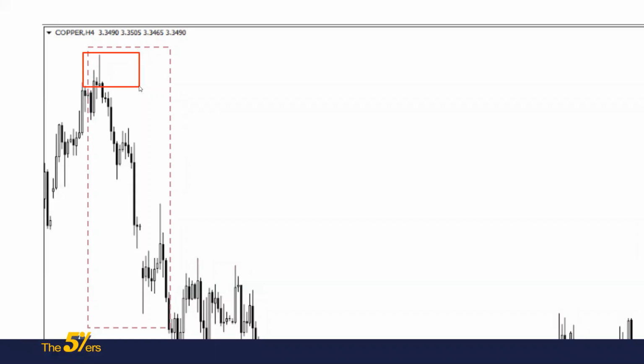And we will mark the supply zone, the full range on top. So everything at and above the highest price would be the zone that we call supply. Okay, and that is the decision point.